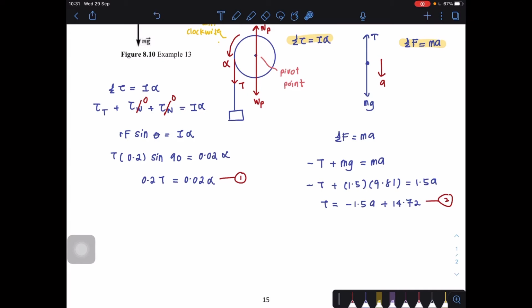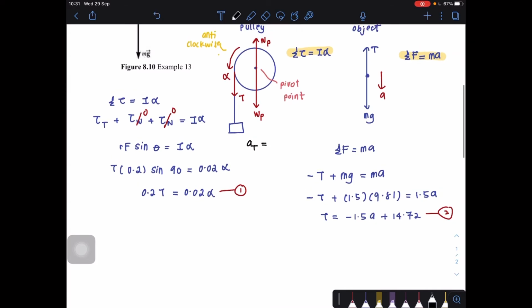Okay. So now, dekat equation pertama, kita ada T dan alpha. Equation yang kedua, kita ada T dan acceleration. So tidak sama dekat sini. So dekat sini, angular acceleration kita boleh ubah, sebab kita tahu value untuk tangential acceleration.